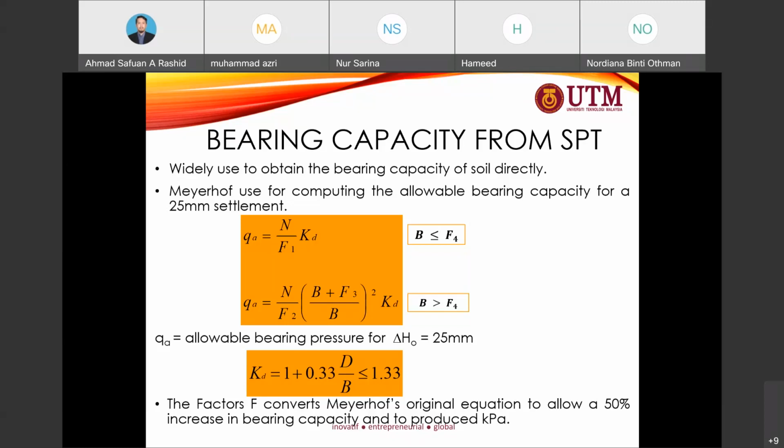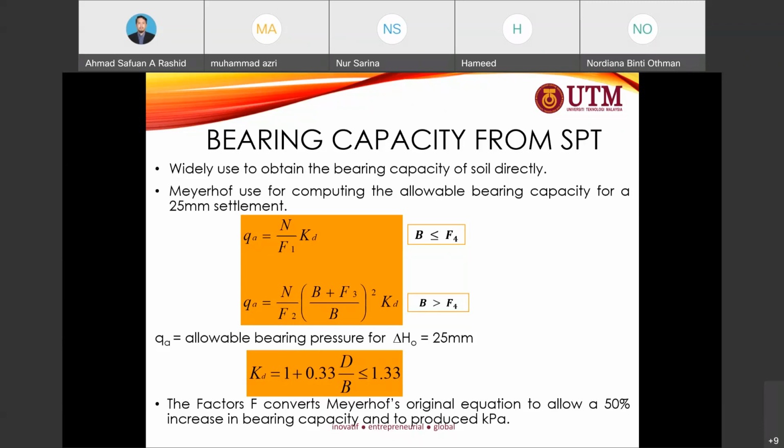Then we have another one, QA equal to N over F2 times (B plus F3) over B, to the power of 2, times KD, where B should be greater than F4.